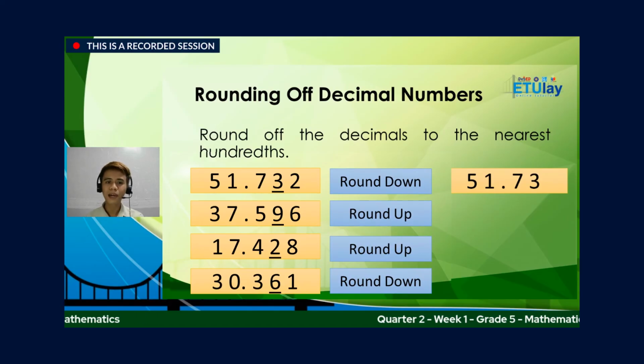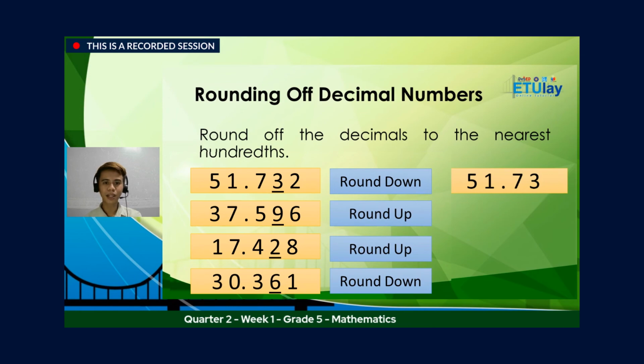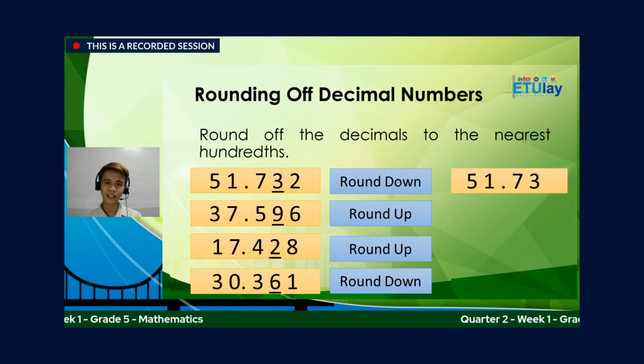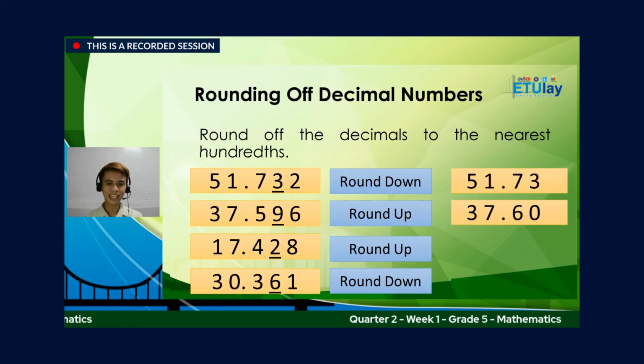Tagalogin natin. Magdadagdag tayo ng isa doon sa ating number na nasa left ng ating rounding digit. At ang rounding digit natin ay 9, at ang nasa left nito ay 5. Magdadagdag tayo ng isa, kaya magiging itong 6. So our final answer is 37 and 60 hundredths. So parang nagdagdag tayo ng isa dun sa 59 hundredths. 59 plus 1, naging siyang 60.